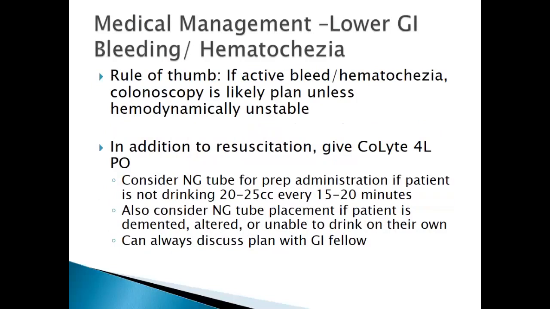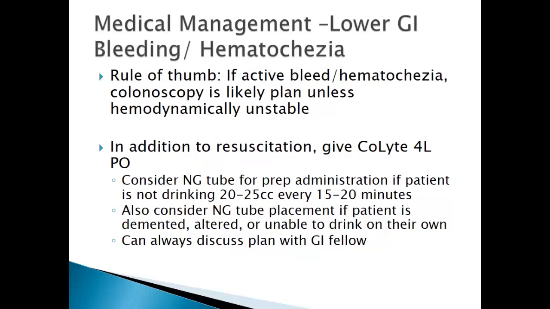So in addition to resuscitation, you want to give colyte, 4 liters PO. In general, the patient should be drinking 20 to 25 cc's every 15 to 20 minutes. If they're not, you can consider an NG tube for prep if they'll allow it. Also consider an NG tube placement if the patient is demented, altered, or unable to drink on their own.